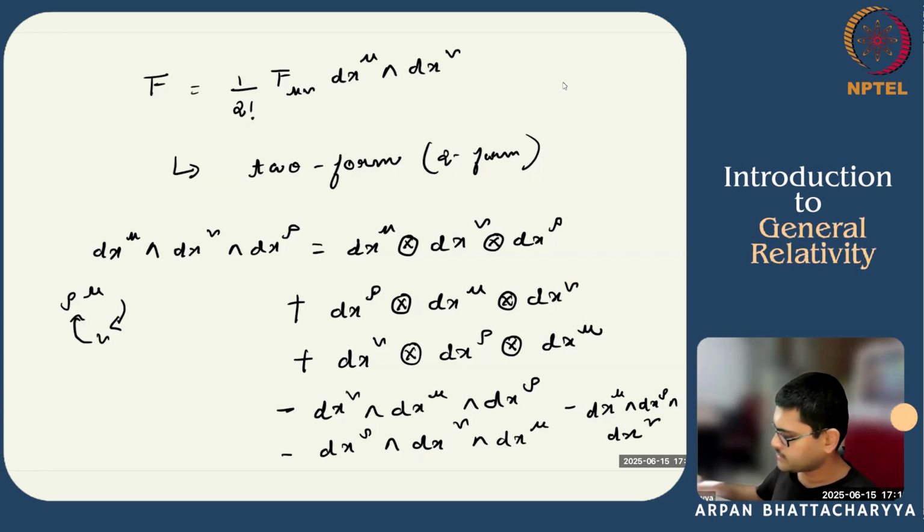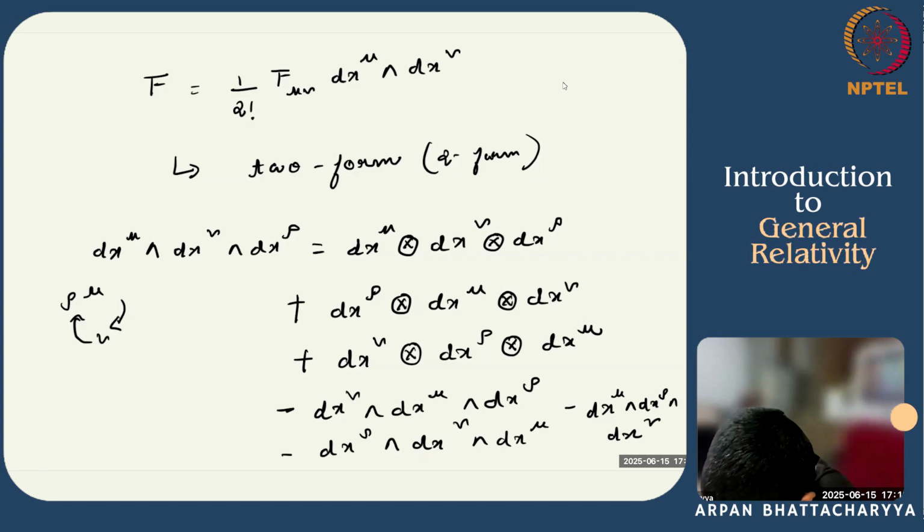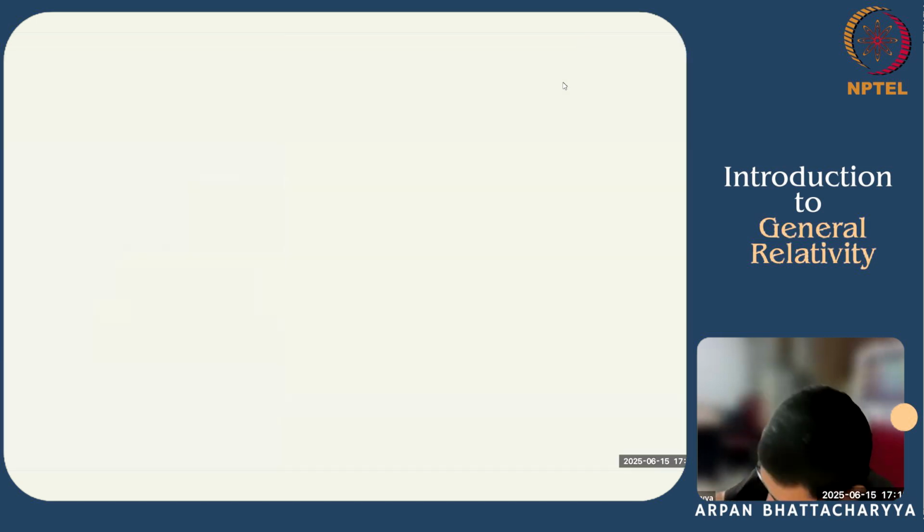So this is a totally antisymmetrized combination. Then in terms of this antisymmetric basis, we can write down a three-form, which takes the following form.